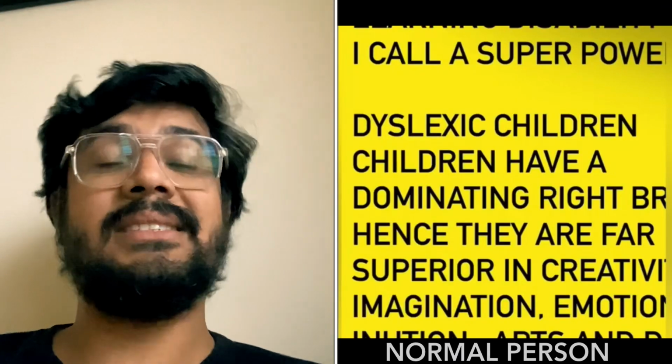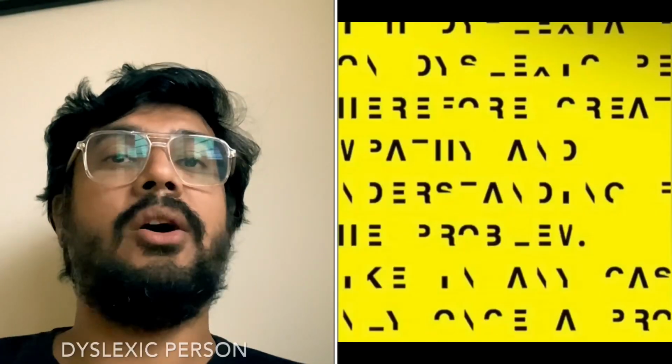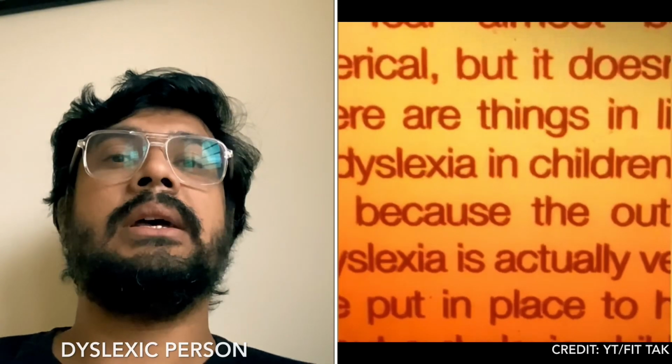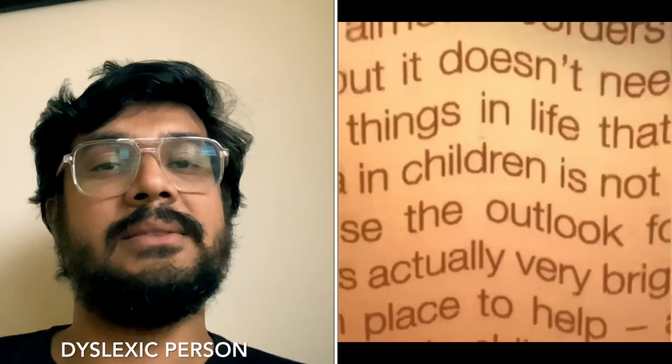In this small video, I'm going to show you how a normal person sees the entire paragraph with the sentences, and how a dyslexic child or a dyslexic student sees the entire paragraph. You can just have a look at this.